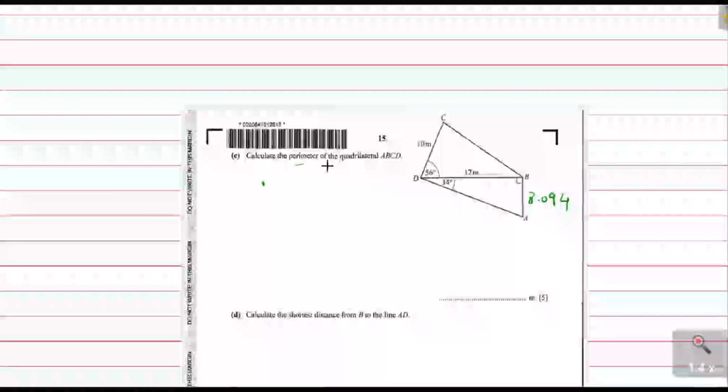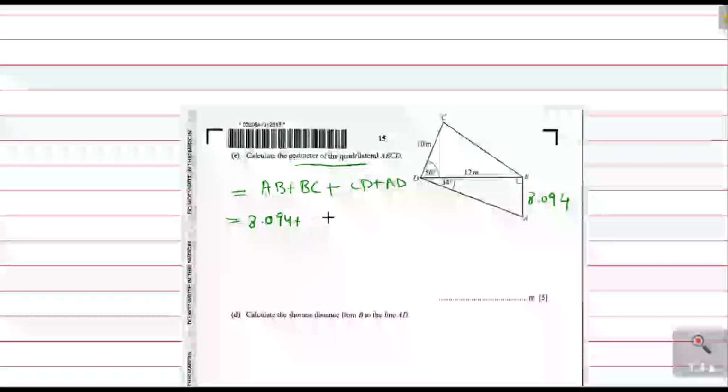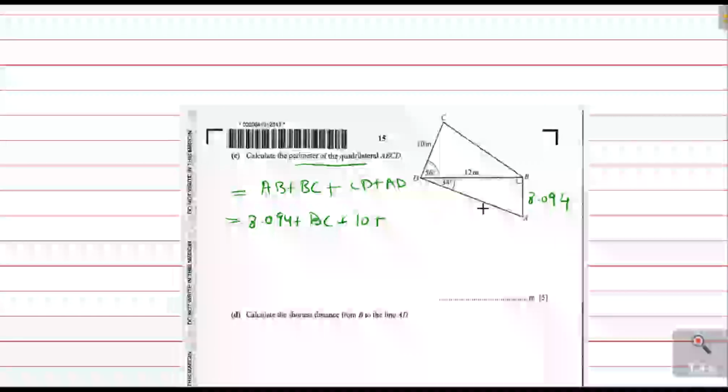Part C, calculate the perimeter of the quadrilateral ABCD. The perimeter of quadrilateral ABCD is the total length around the quadrilateral. The total length of the quadrilateral is equal to AB plus BC plus CD plus AD. Here AB is 8.094, BC is not given here, CD is 10, and AD is also not given here.